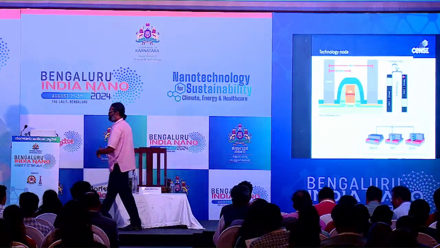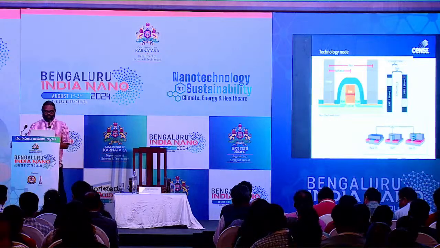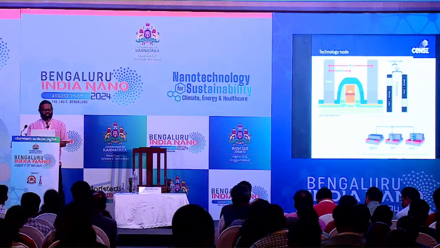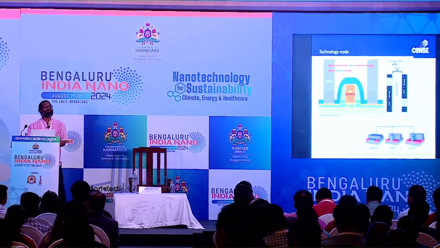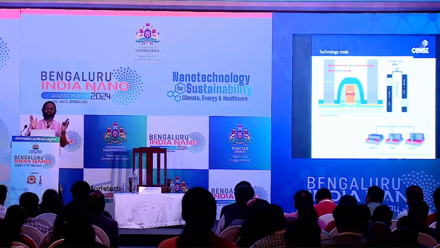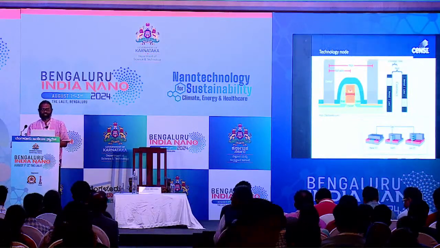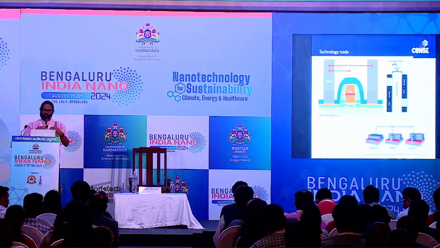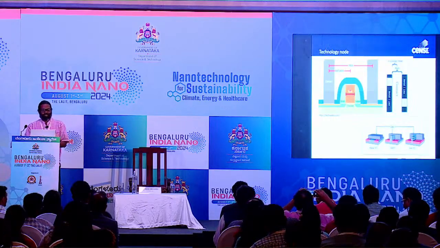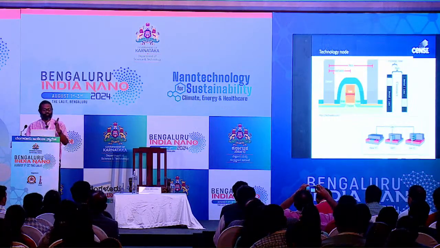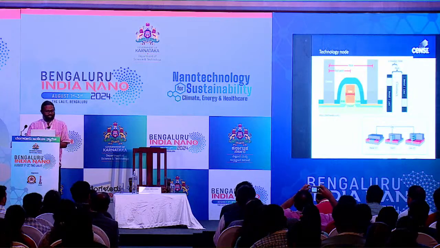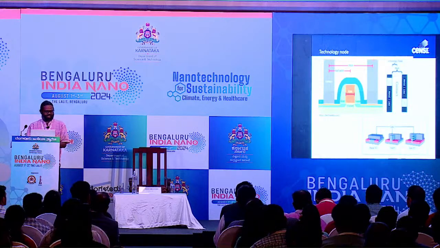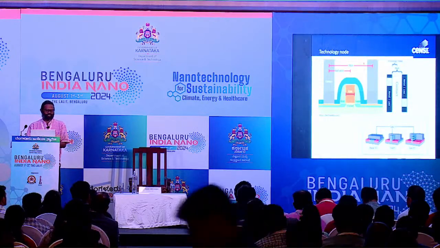And that gate is avoiding any charge flow between the drain and the source, right? So this is the gate. And the size of this gate used to be called the node, right? But then things evolved, and these days you also call half pitch a node, okay? And the pitch means the contact between the source and the drain, right? So this is what you call a pitch.